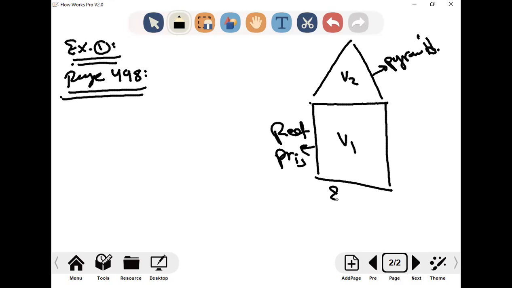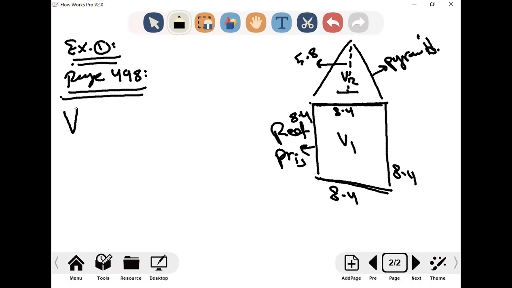Up we have the height of this pyramid, 5.8. Do we have everything to calculate? Yes. Let's calculate V1.